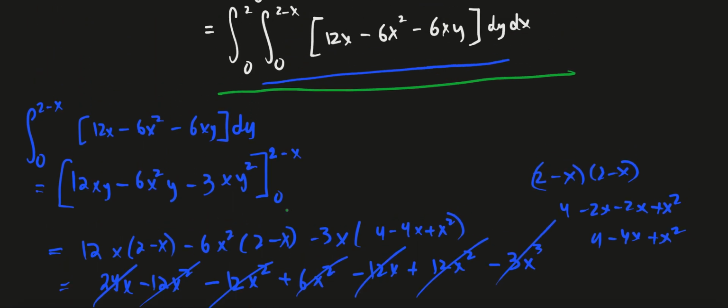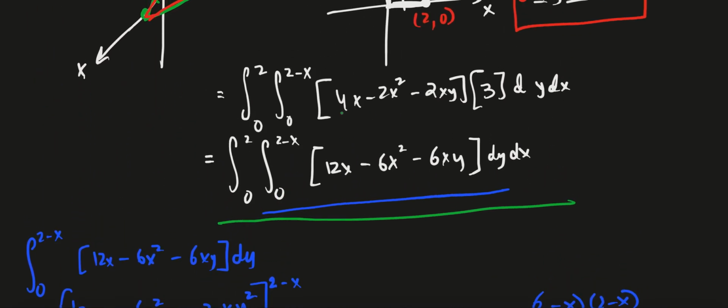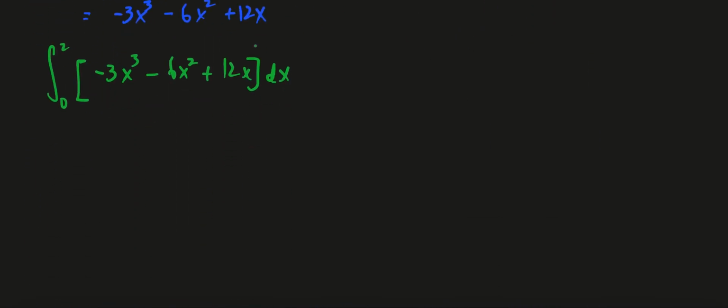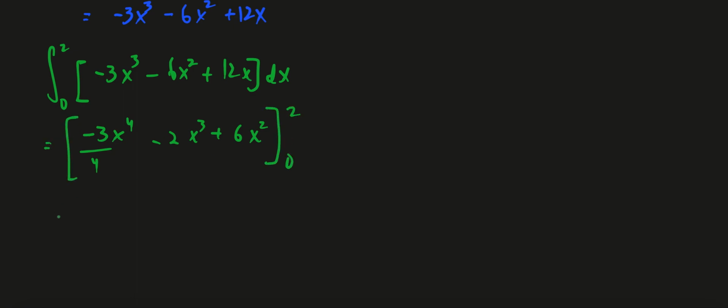Let me see if I'm forgetting a constant or something. 3, this, and then this 3. I didn't bring it out, I put it in. Yeah, okay, that's good. Make this 2 plus 6x squared. Again, 0 doesn't bother me.